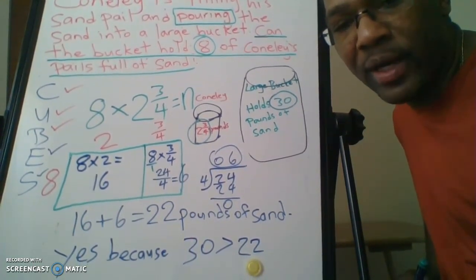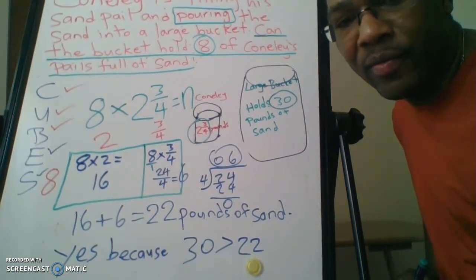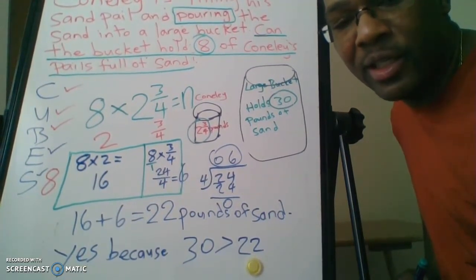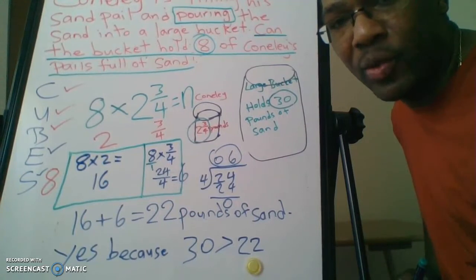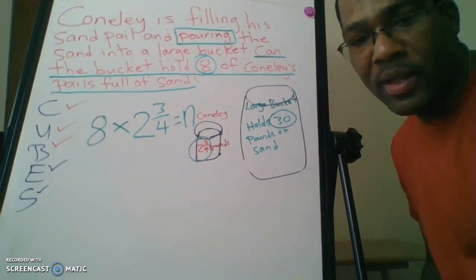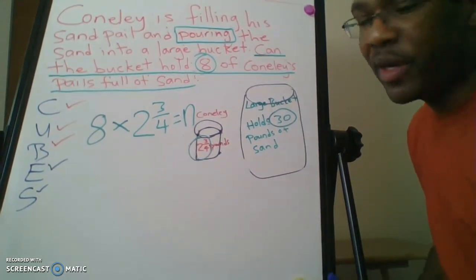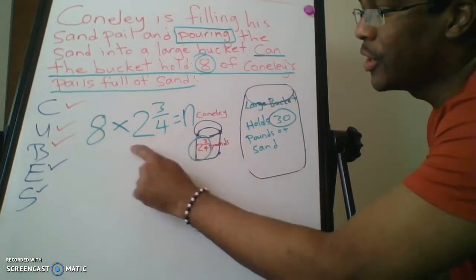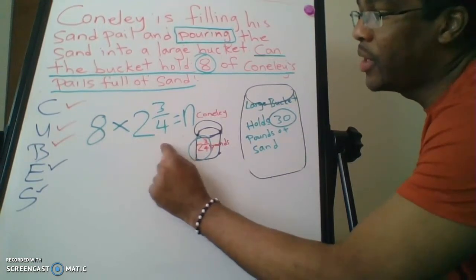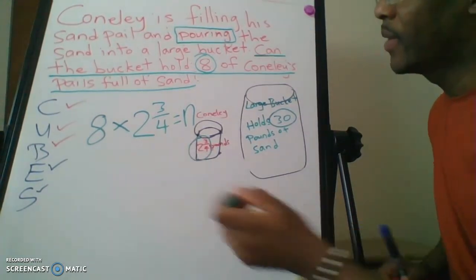So let's now try changing the mixed number into an improper fraction. Now you could use any model you want to, whatever works for you. In this method, I am going to change the mixed number into an improper fraction.